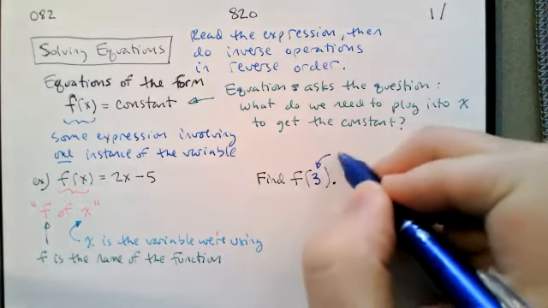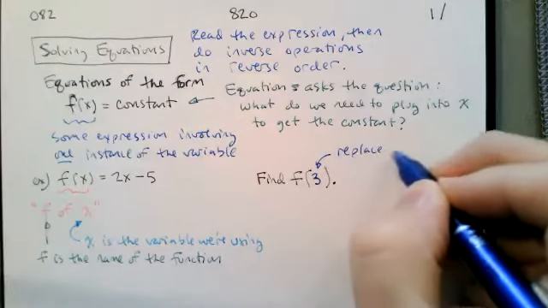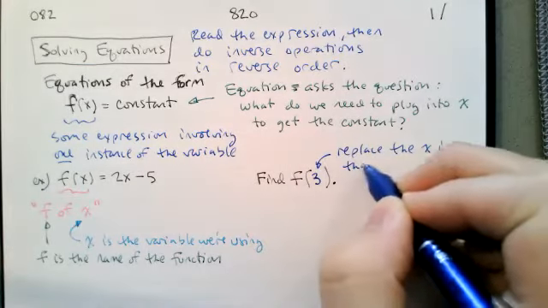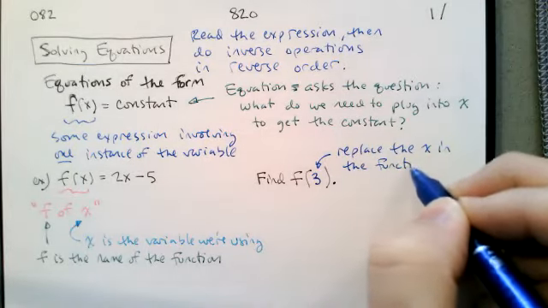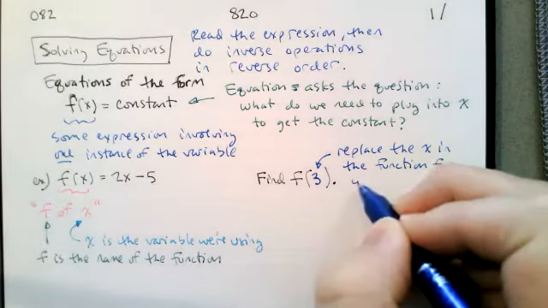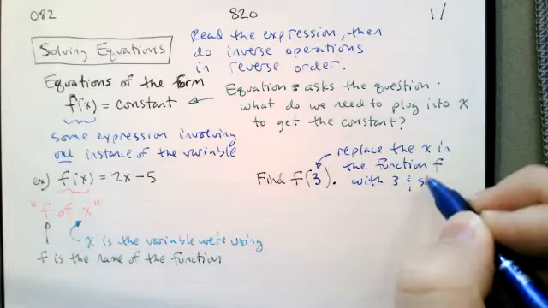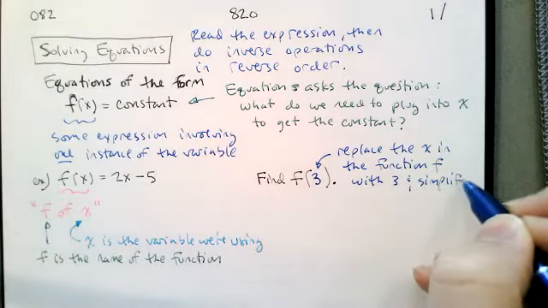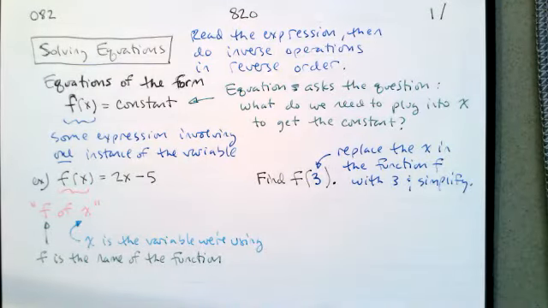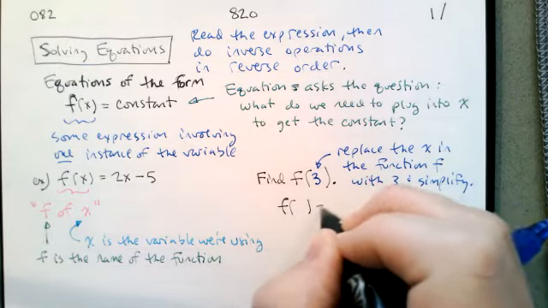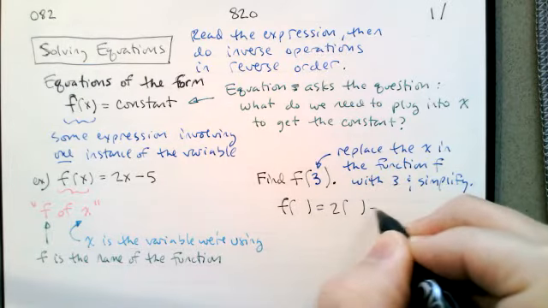So this says replace the x in the function f with a 3 and simplify. For our function, f of blank is 2 times blank minus 5.